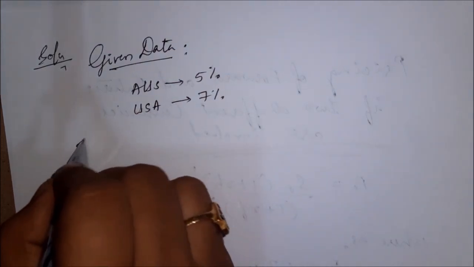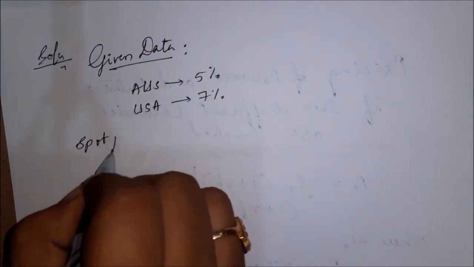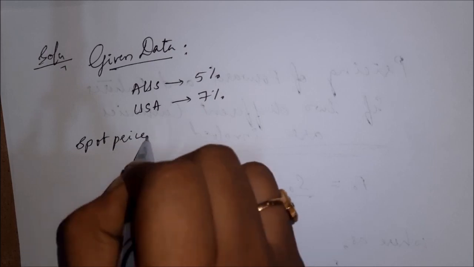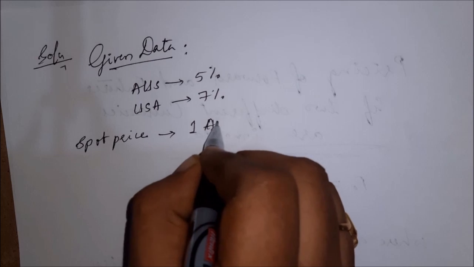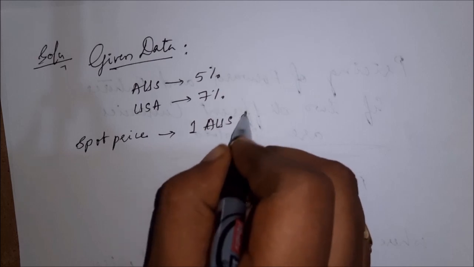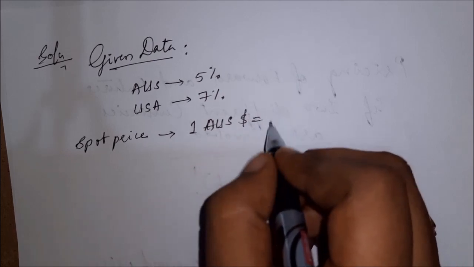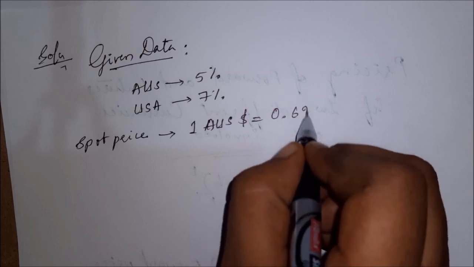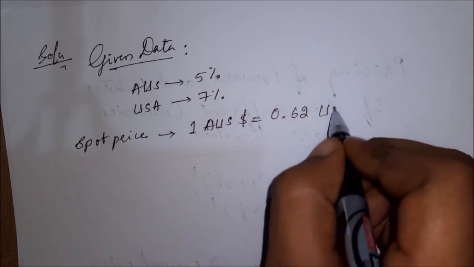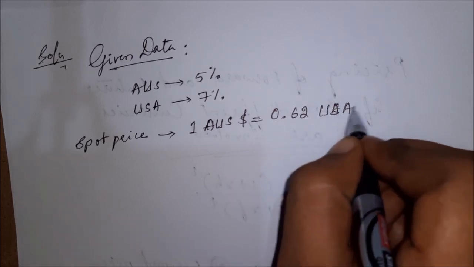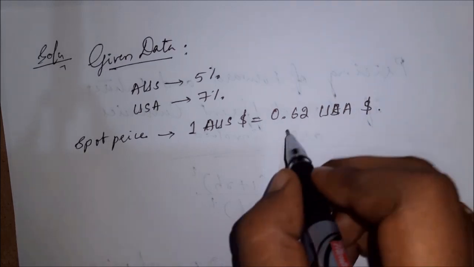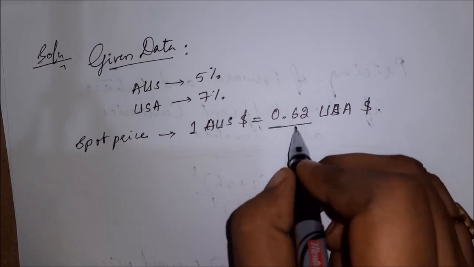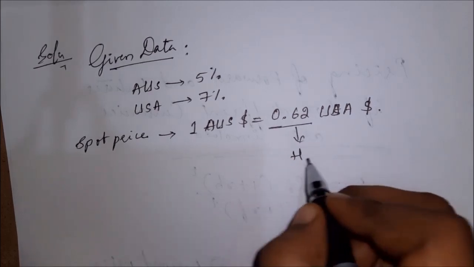Also the spot rate is given, the spot exchange rate or spot price. 1 Australian dollar is equal to how much? 0.62 US dollar. Here 0.62 is the spot rate given.